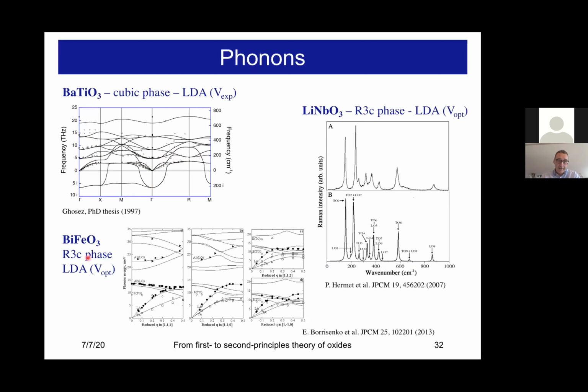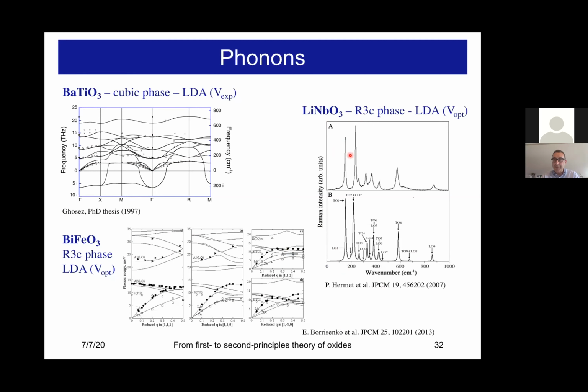If you look here at bismuth ferrite, we also computed the phonons in the R3C phase of bismuth ferrite. It's a very basic calculation, LDA, optimized volume, and you see that it fits very nicely with the experimental measurements that are reported in this journal. Here I'm just reporting the Raman spectrum of lithium niobate.